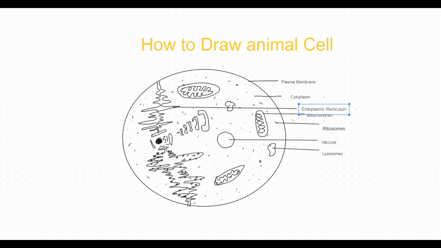And when ribosomes are attached to it, it will be the rough endoplasmic reticulum. So this will become smooth. And let's label the last one. This is going to be your rough endoplasmic reticulum. Done. So this is how you can easily draw a cell.